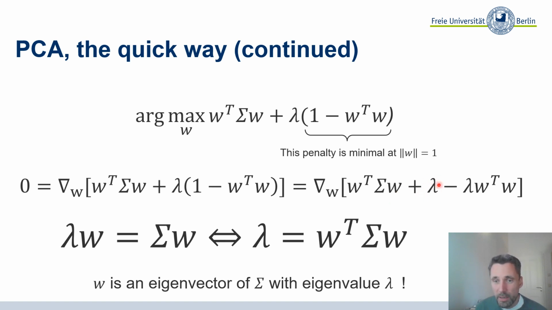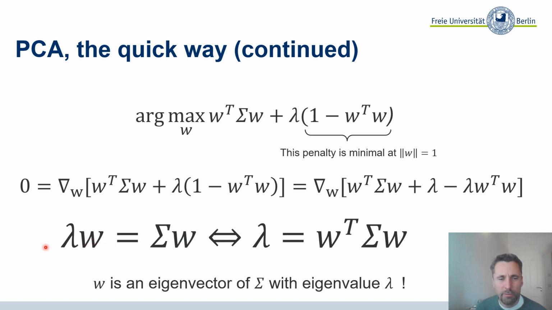Lambda is not depending on W at all, so will be cancelled. And then we have nabla W transpose sigma W minus nabla lambda W transpose W, and then what we end up with is, basically those W's fall away, and then there's a 2 also that can be cancelled.